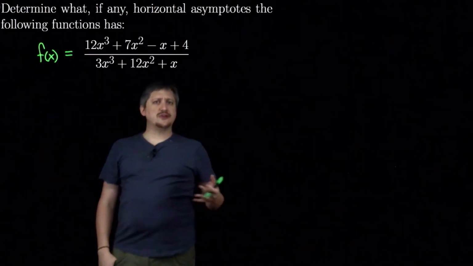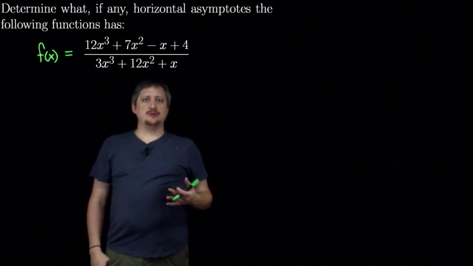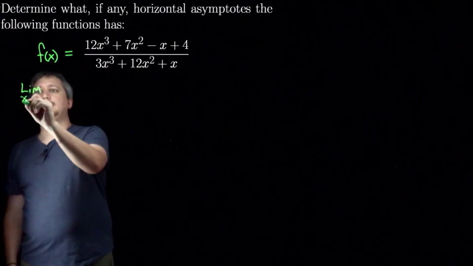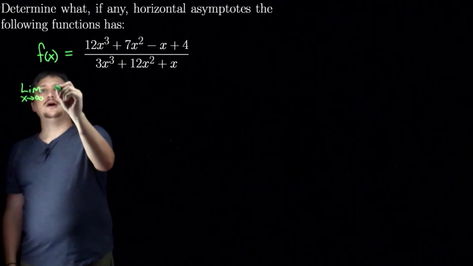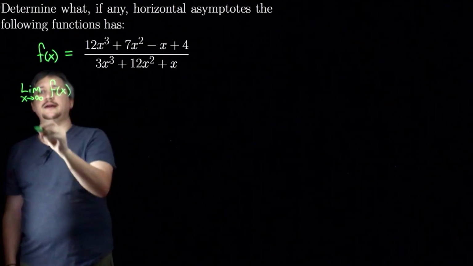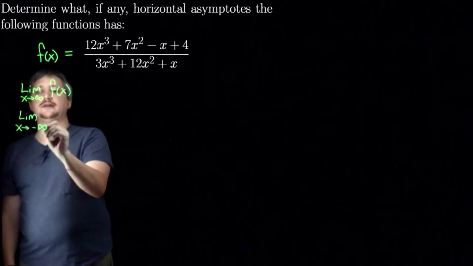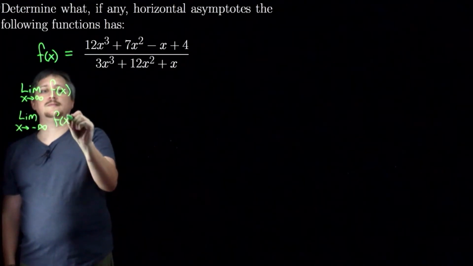And again, for horizontal asymptotes, I want to know end-term behavior. So really what I want to know is the limit as x goes to infinity of f of x and the limit as x goes to negative infinity of f of x.